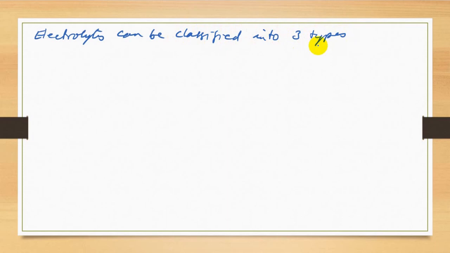We can have three different types of electrolytes. What are they? The three of them. Any idea? You can have the first one. Strong electrolytes, weak electrolytes, non-electrolytes. Strong electrolyte.